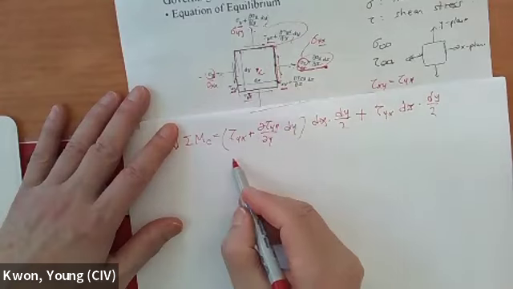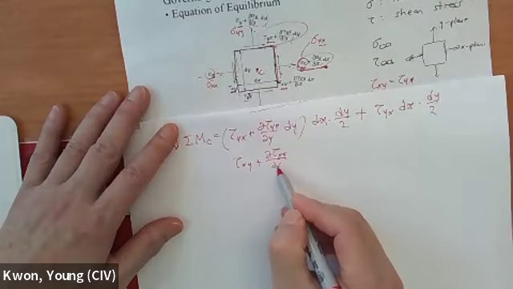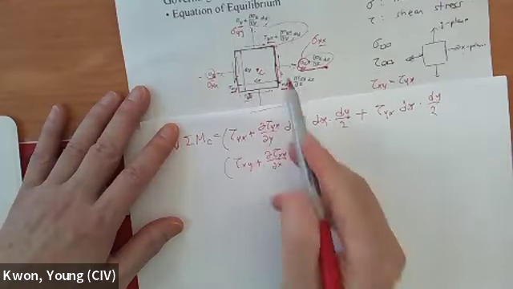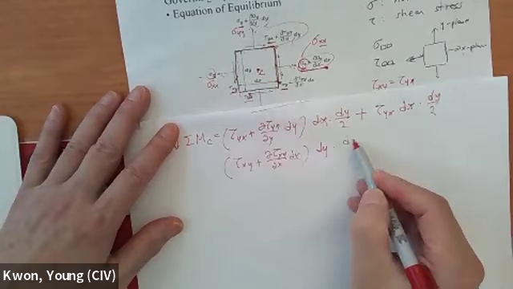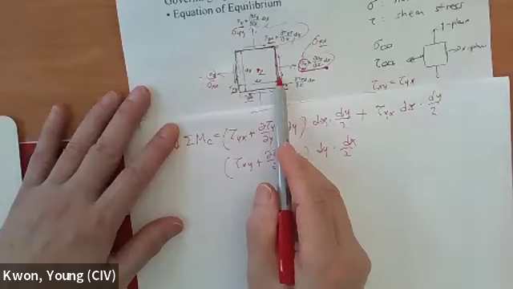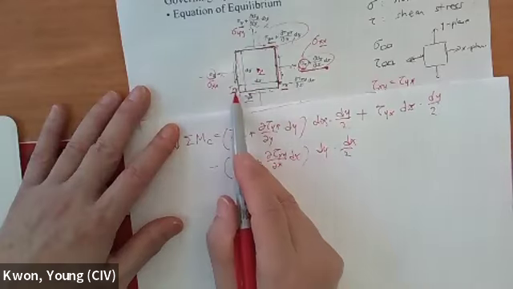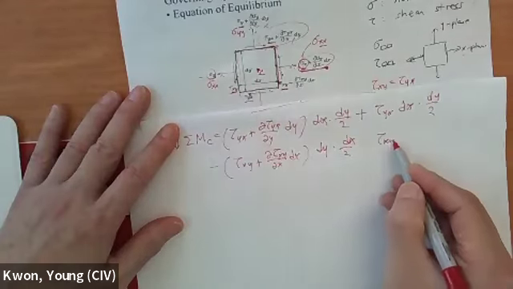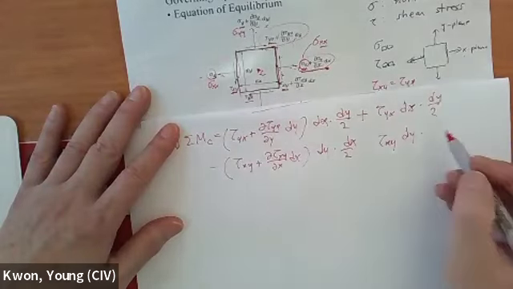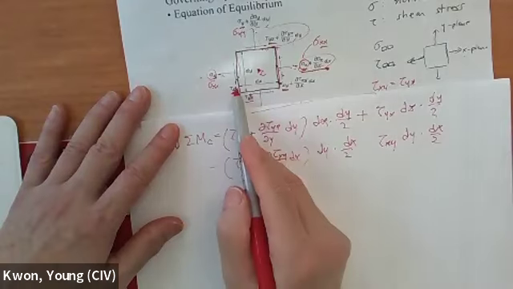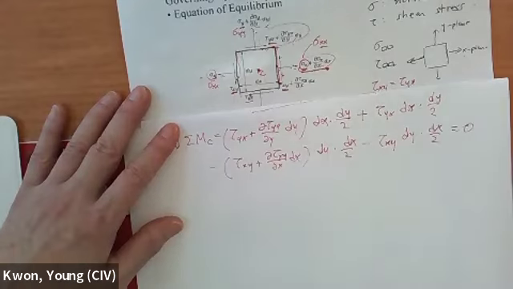Now this one, tau sub xy plus partial tau sub xy partial x dx, and area dy, and moment arm dx over 2, and this produces counterclockwise moment, so minus. And this one, tau sub xy, area dy, and moment arm dx over 2, again counterclockwise, minus, and the sum equals 0.